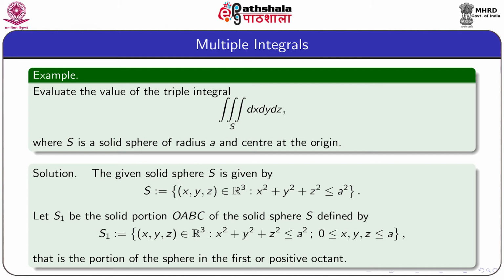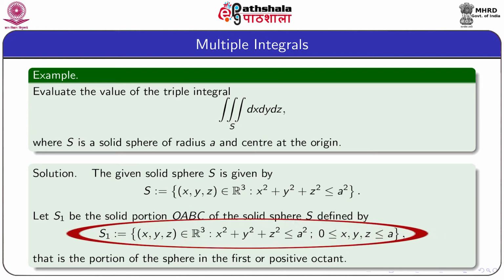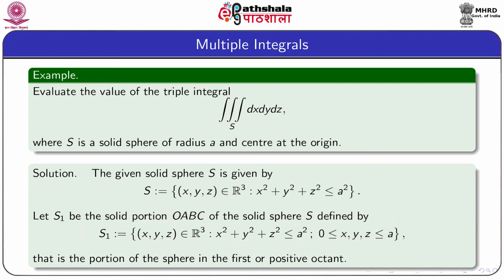Let S1 be the solid portion OABC of the solid sphere S defined by S1 is the collection of all (x, y, z) in R^3 such that x^2 + y^2 + z^2 is less than or equal to a^2, where x, y, z all are positive but are below a. That means we consider the portion of the sphere which is in the first or positive octant.